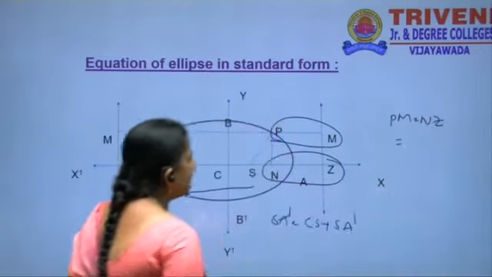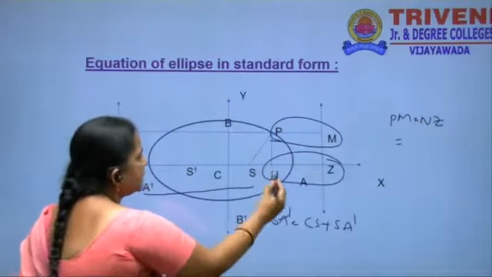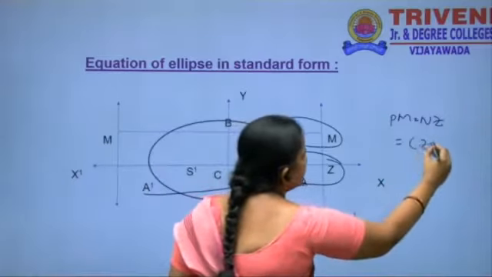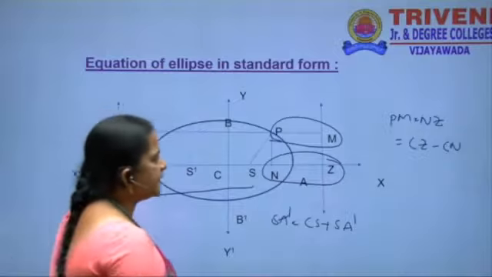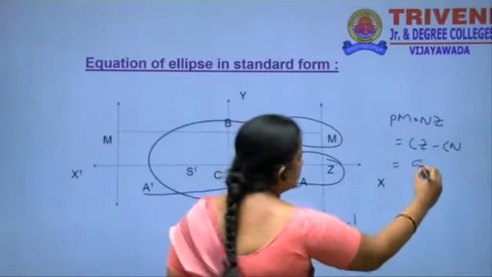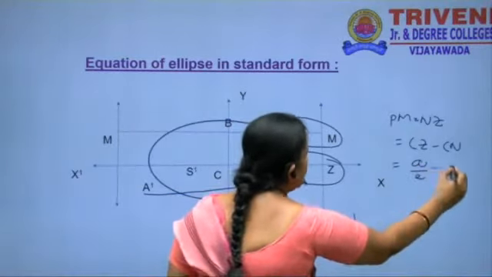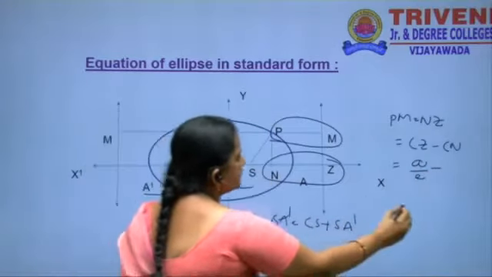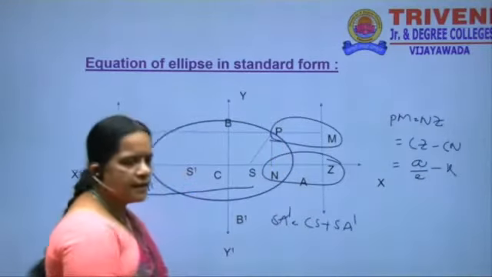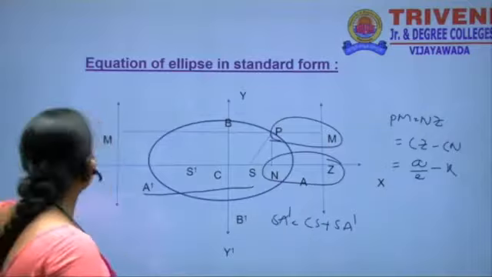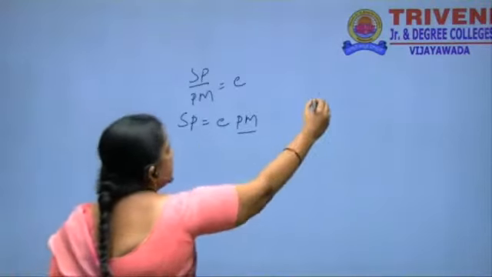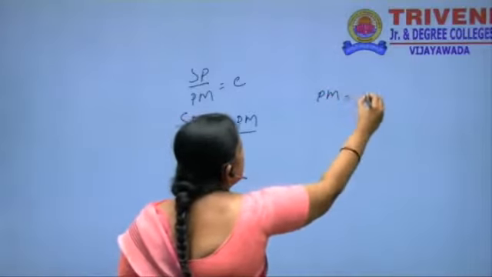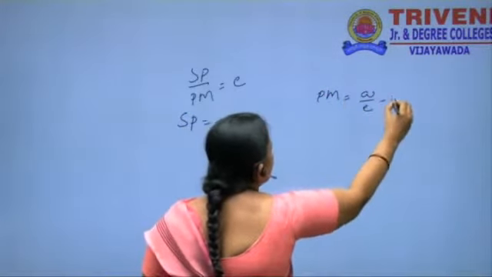NZ can be written as CZ minus CN. Already you know the value of CZ is A by E, and CN is parallel to the x-axis. Then you have to write here A by E minus x. That is PM is equal to A by E minus x.